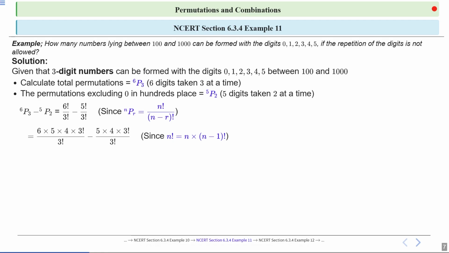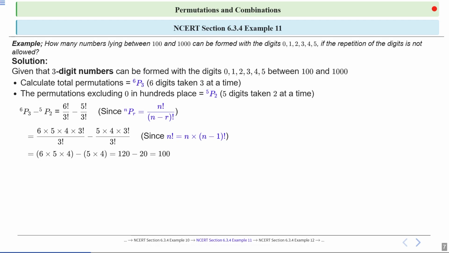Now simplifying the factorials, we use the property n factorial is equal to n times n minus 1 factorial. So it gives us 6 into 5 into 4 into 3 factorial upon 3 factorial minus 5 into 4 into 3 factorial upon 3 factorial. Now the 3 factorials cancel each other.